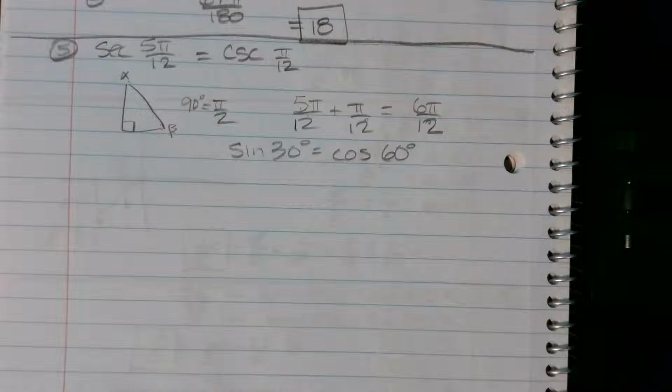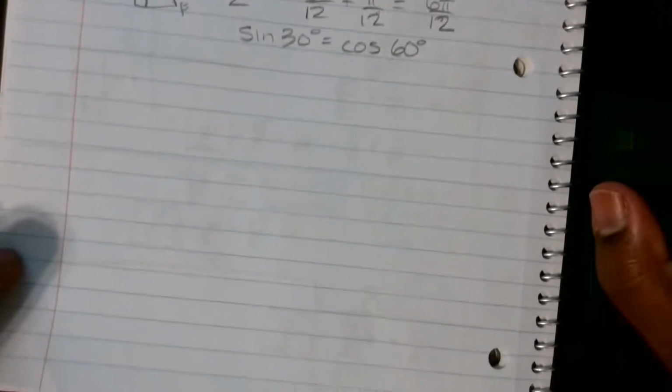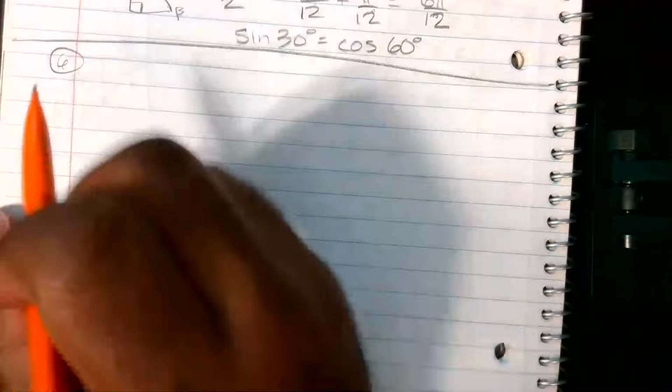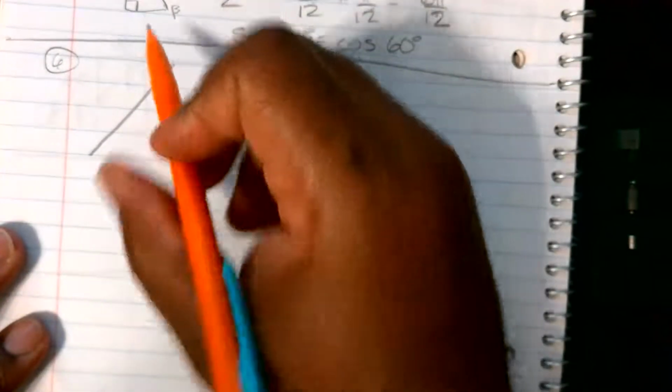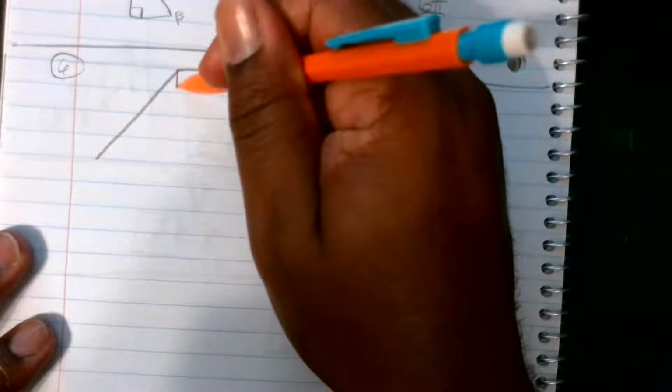Let's see what else we got here. This is a word problem, but it is really similar to what we've been doing already. Word problems tend to be. So let's draw this. Draw a ramp. There's a platform.